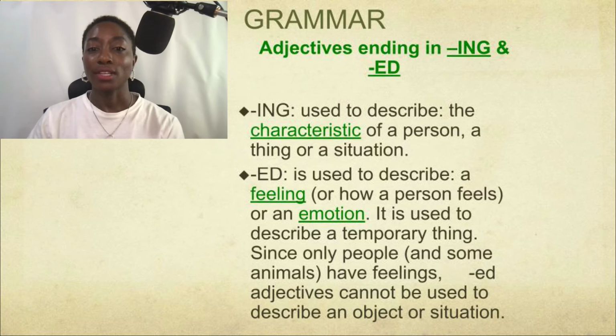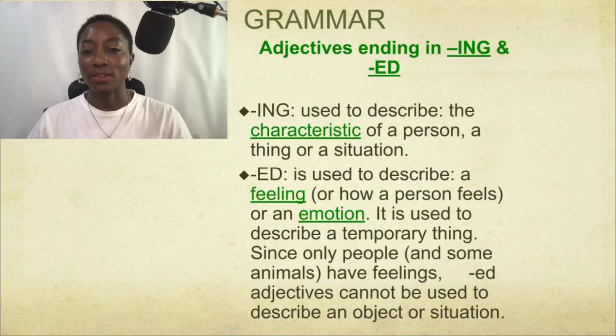Ed is used to describe a feeling, how a person feels, or an emotion. It is used to describe a temporary thing. Since only people and some animals have feelings, ed adjectives cannot be used to describe an object or situation.